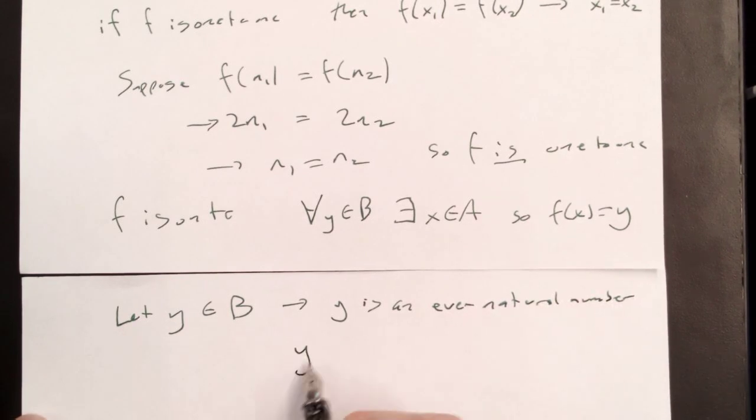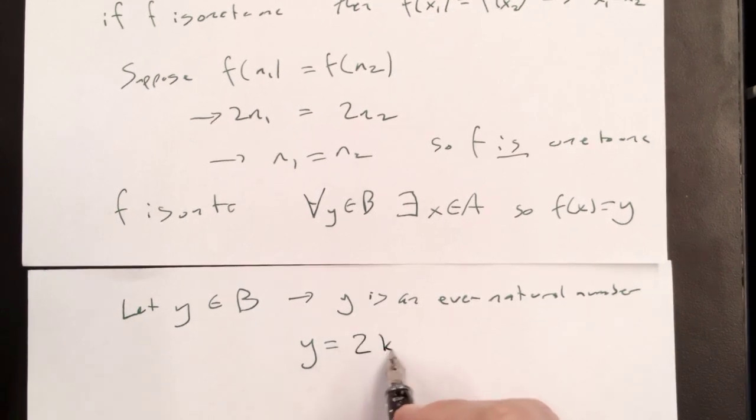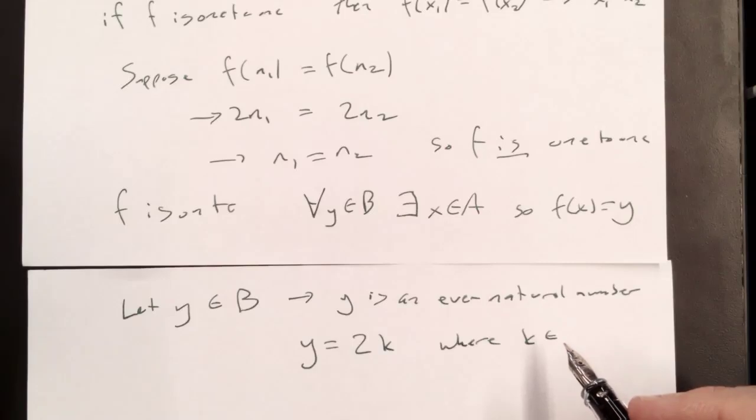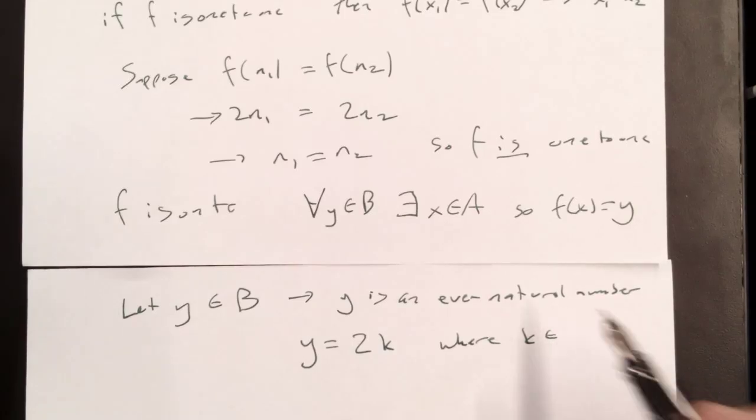Wait a minute. If it's an even number, how can I write it? 2k, where k is a natural number. Normally I'd say integer, right? But integers allow for negatives. Natural numbers only are non-negative.